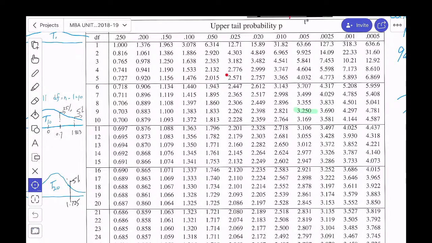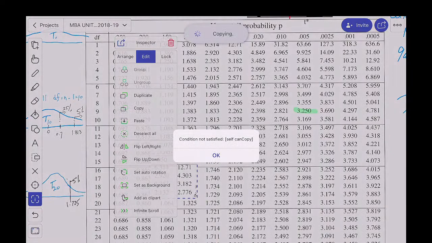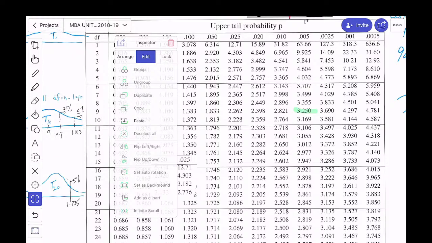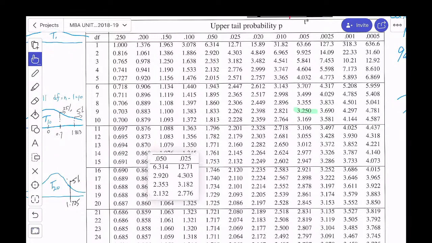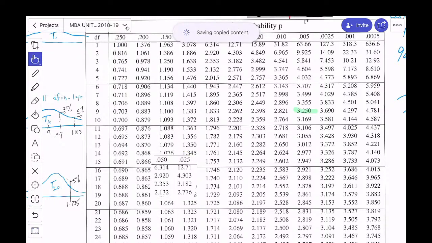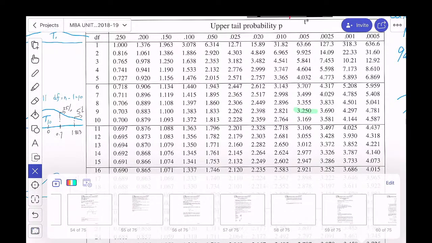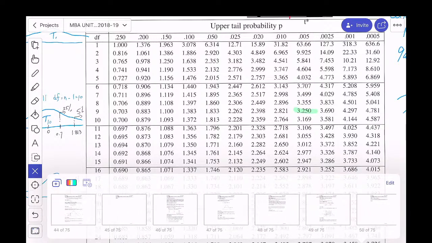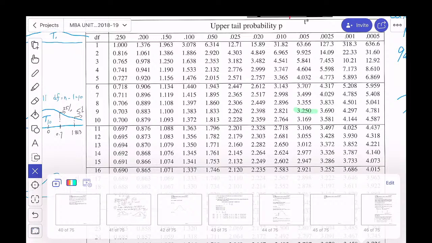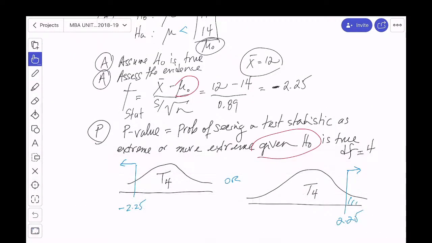So it's not here, but it's between these two. So what did we see here?